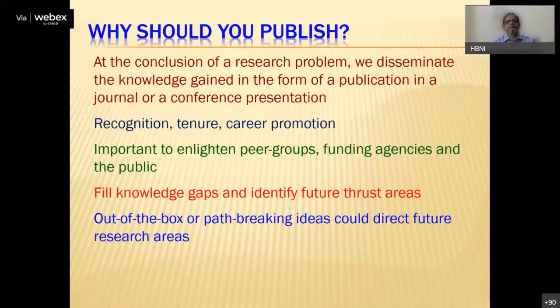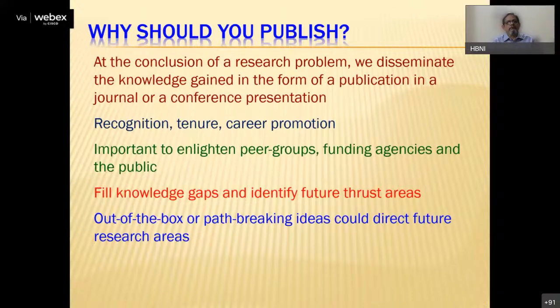Then there could be knowledge gaps in your area of research which you're carrying out, and your results may actually help to fill those gaps in the research knowledge. And by doing so, they can identify what are the future thrust areas in your research area.